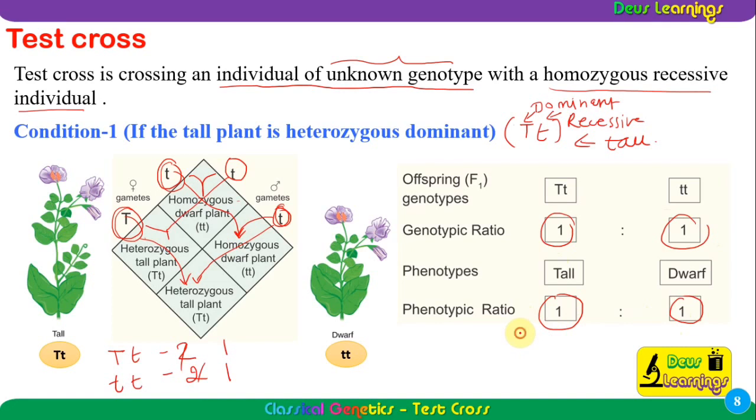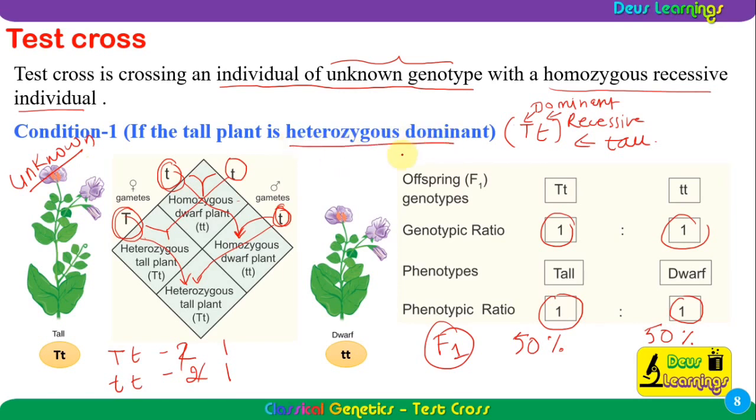If such a condition comes in the F1 generation, then you have to understand that the unknown plant is a heterozygous dominant plant, right?